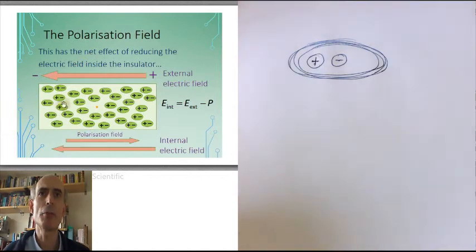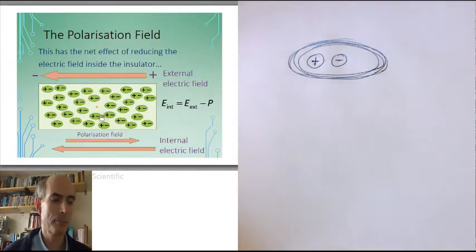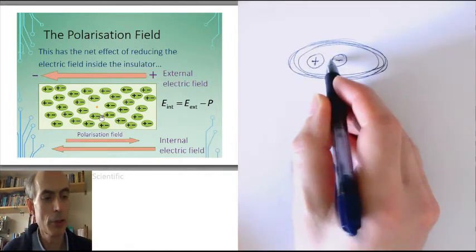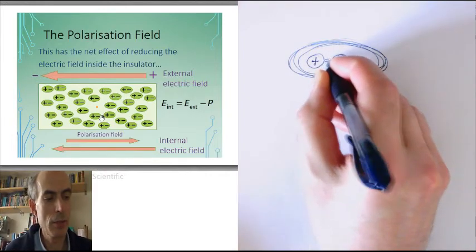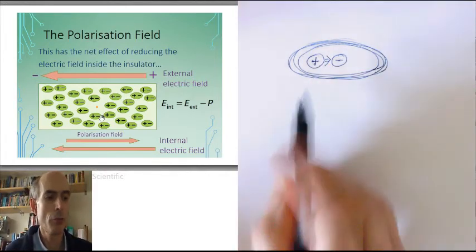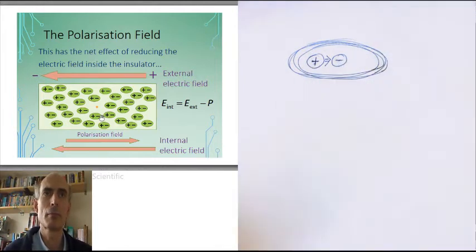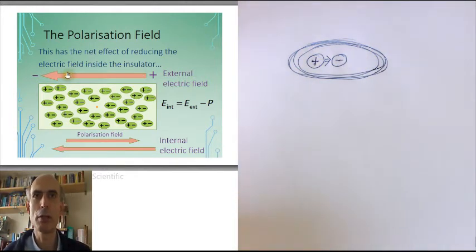And every atom in a big block of the insulator will be acting like a dipole. All of these dipole fields build up, and this dipole creates an electric field in this direction, from the positive to the negative, which is in exactly the opposite direction to the externally applied electric field.